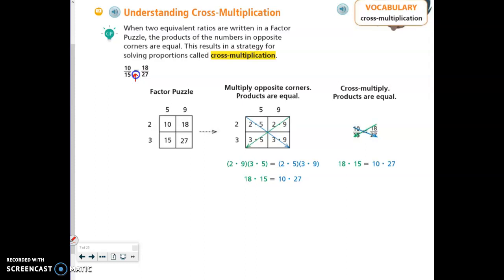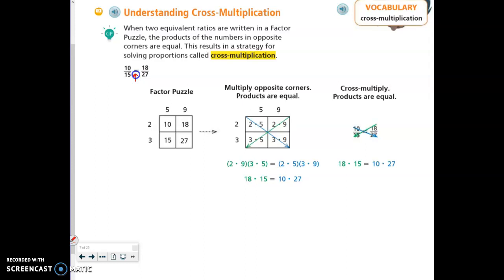But what you're going to find out through this process is that sometimes you can have equivalent fractions that don't necessarily look equivalent, because you could be multiplying by a mixed number or by a decimal number as we move forward. That's what we're trying to connect to what we know, and what we've worked on for a ton of the year. We've seen factor puzzles come up multiple times.